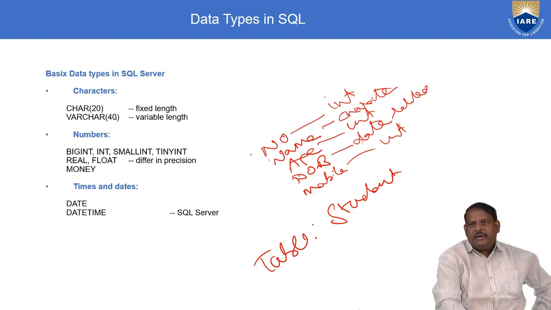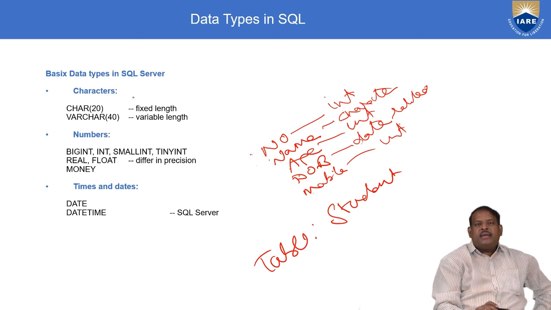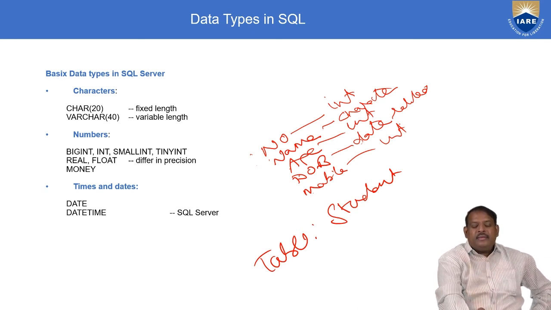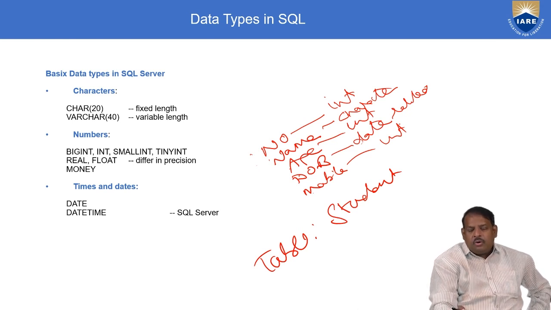we have some fixed data types here. For characters, we can use char and varchar. When I say char, it is a character field. Varchar is variable characters. When I say char of 20, it will take exactly 20, even if you use only 5, 20 will be allocated.